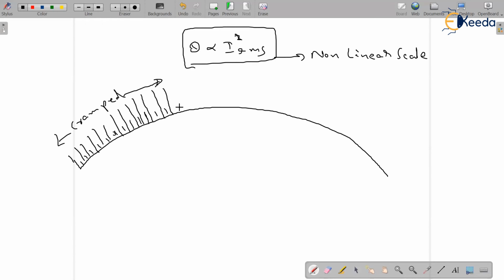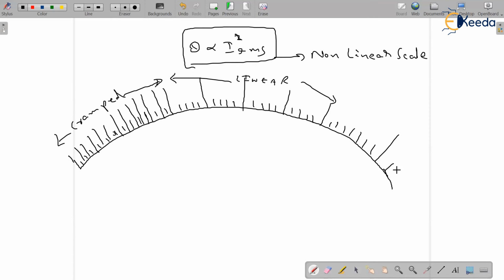Then next, linear scales. This is a linear scale. The next, you go for expanded.